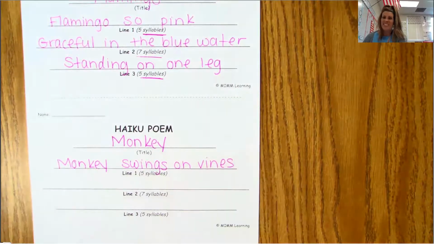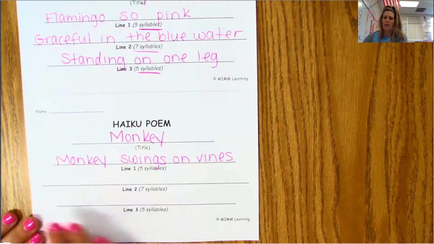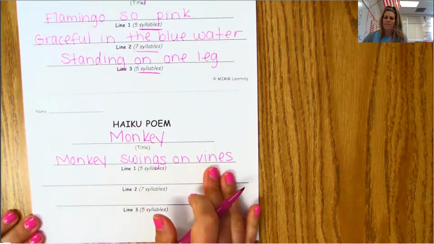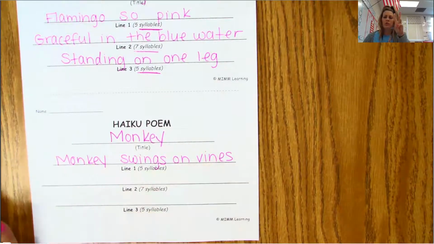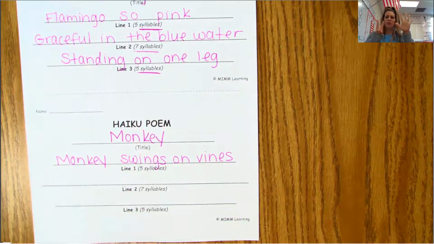Okay, now 7 syllables. Okay, monkey swings on vines, from tree to get bananas now. That's too many. From tree to get a treat. Maybe just tree to get a treat.